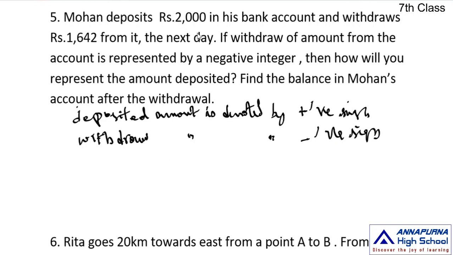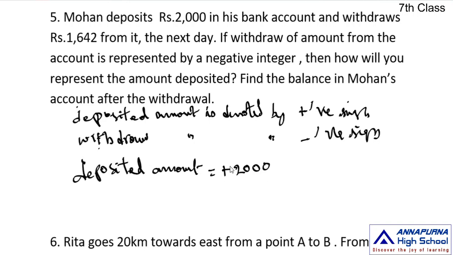Now here, what is the amount deposited? Amount deposited is 2000 rupees. Therefore, the deposited amount is equal to plus 2000.